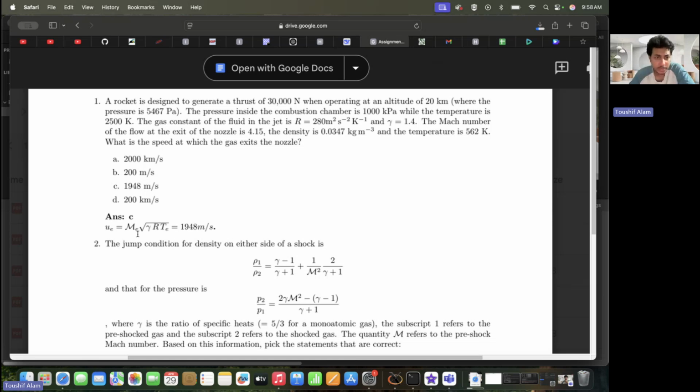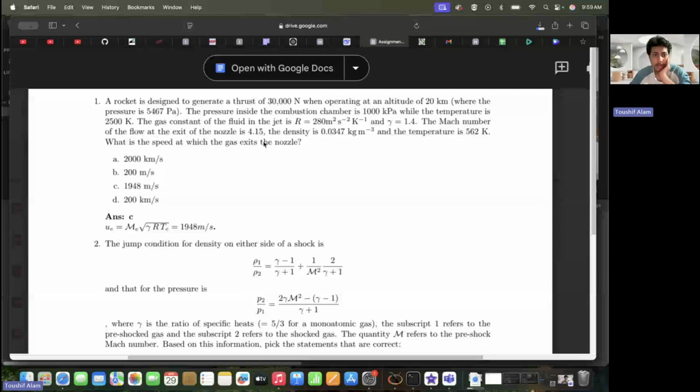Mach number is defined as U over CS, so U is Mach number times CS, and CS is root over gamma P by rho, and P is rho R T, so it will be just root over gamma R T. Putting in the values: Mach number is 4.15, gamma is 1.4, R is 8.314, and T is given as 2500.